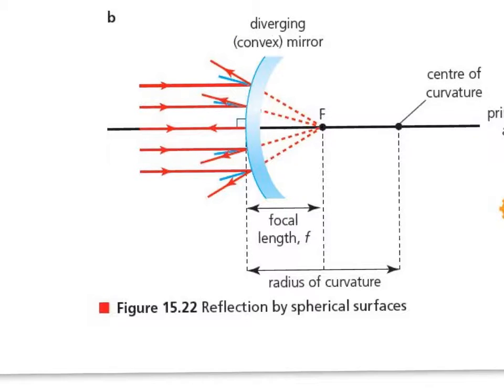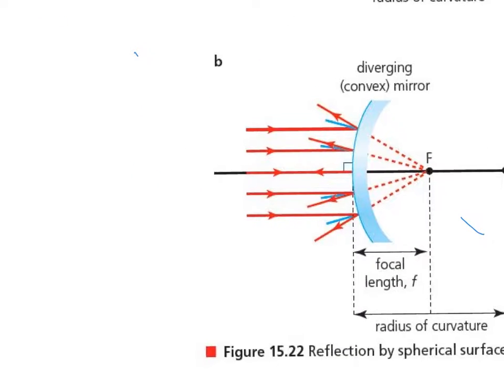For a diverging mirror, it's slightly different. The rays hit the surface of the mirror and this time reflect away from that focus. So how can you work out where the focal point is for a diverging convex mirror?